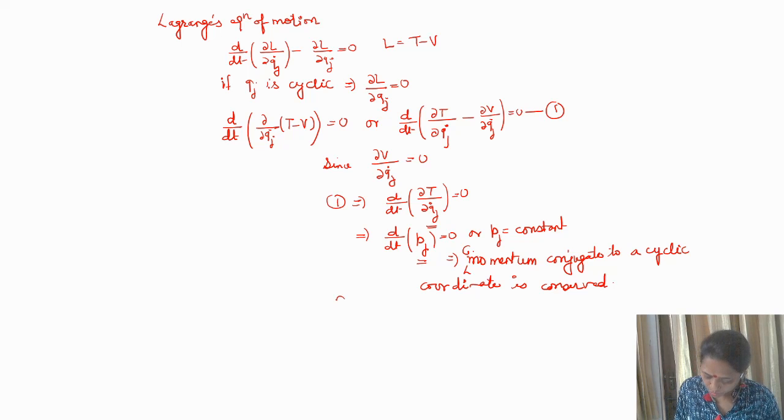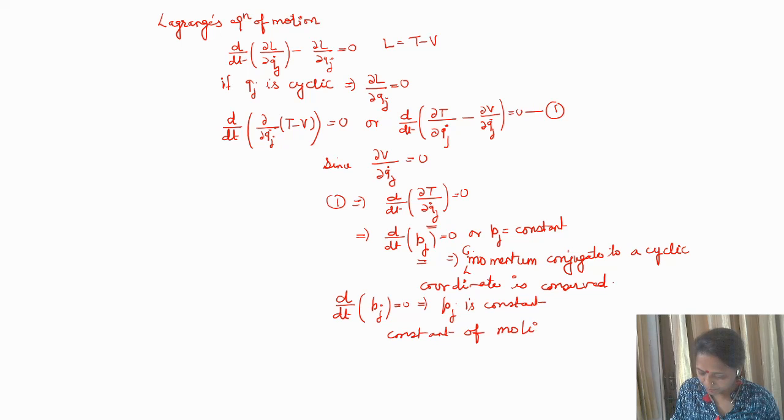From here you also get one more result. d/dt of pj is 0 implies pj is constant. So this is called a constant of motion. One result is this one given by A, and another result is this one given by B. Now this result is very important.